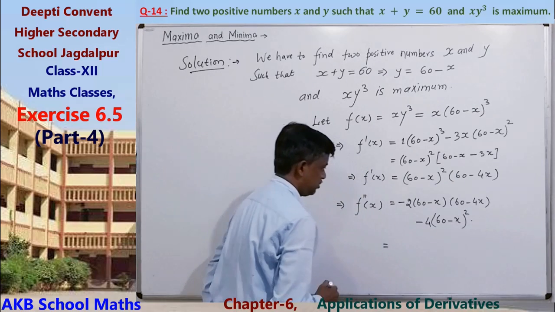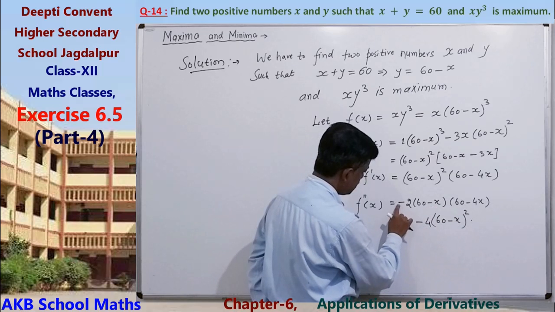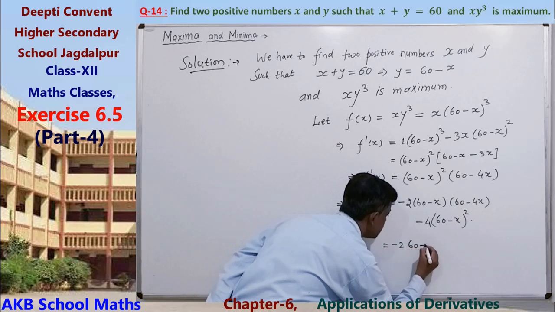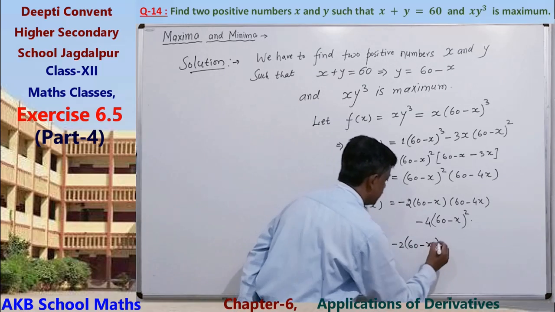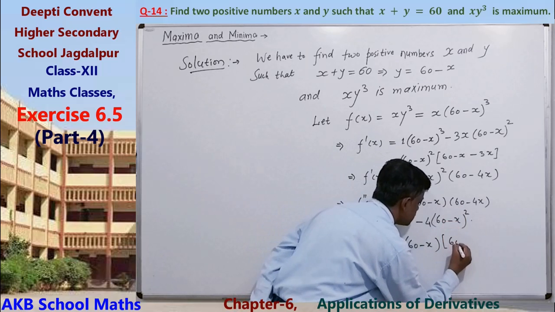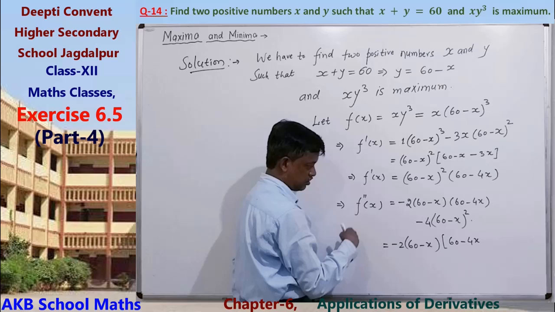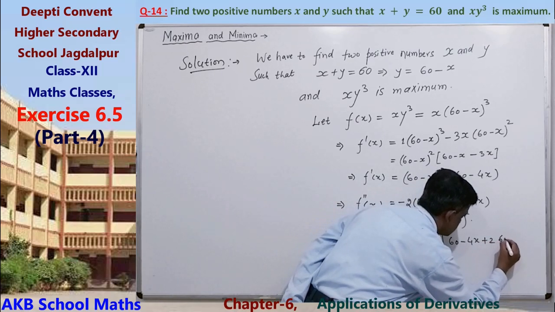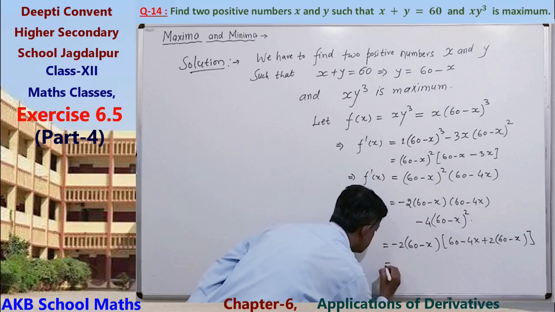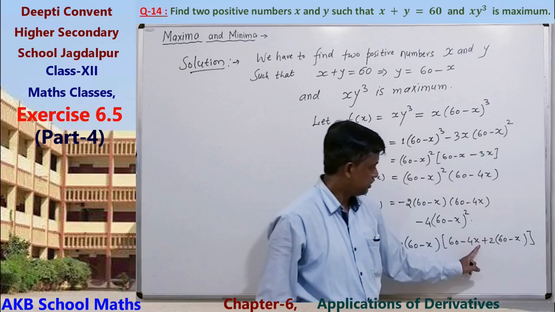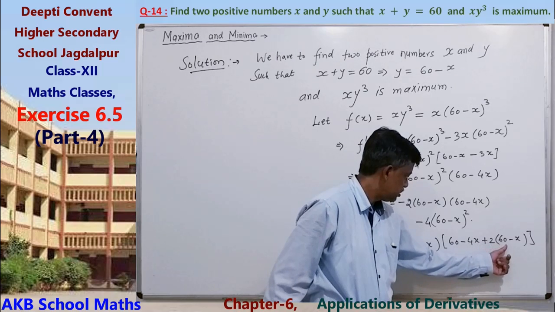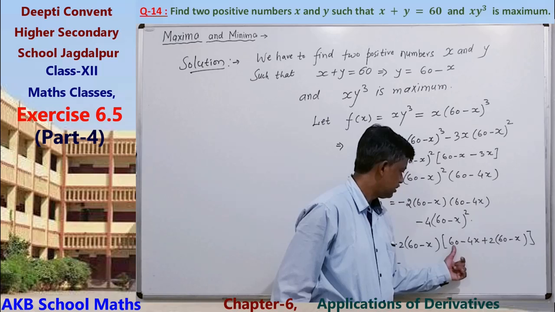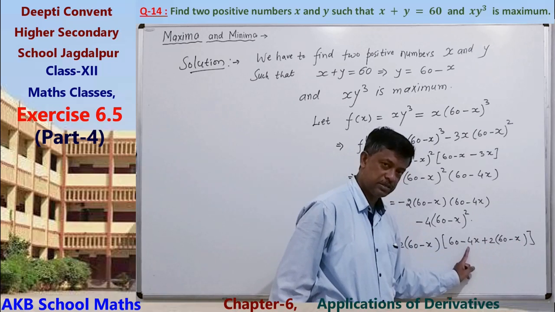Now taking common from these two quantities, minus 2(60 minus x) times the bracket, minus 2(60 minus x) is 60 minus 4x, plus 2(60 minus x) times... Okay, this equals minus, here we can solve it: 2 into 60 is 120 and 60, 180, and minus 2x minus 4x, minus 6x.